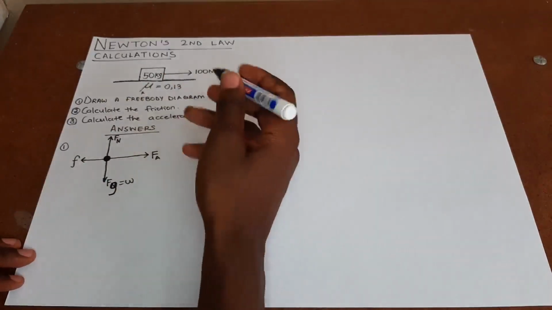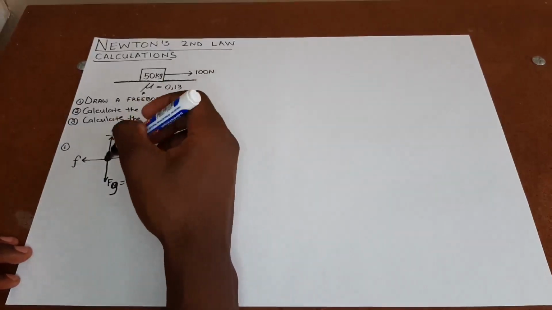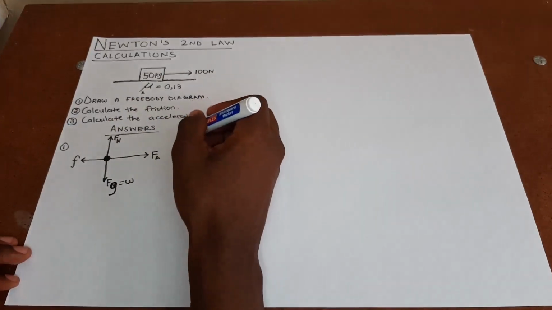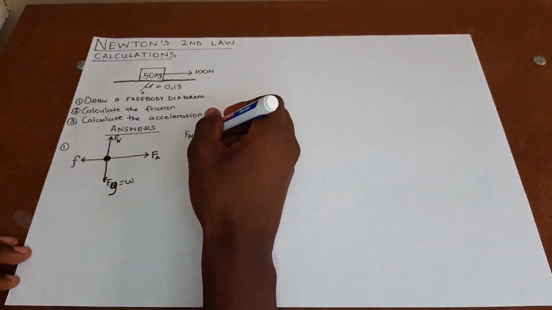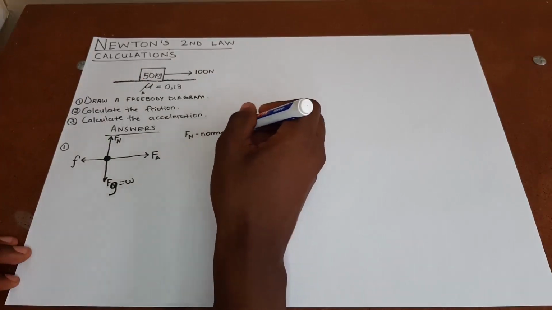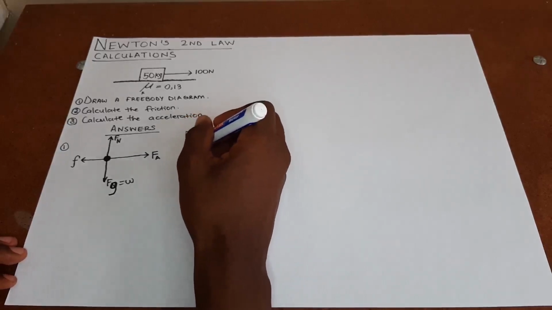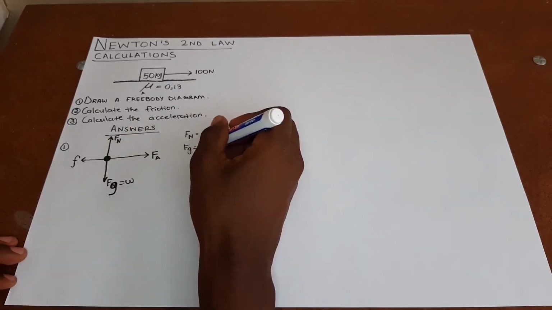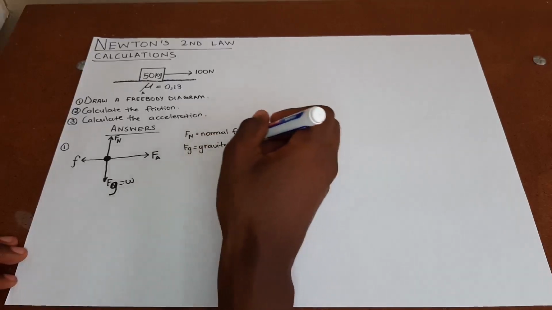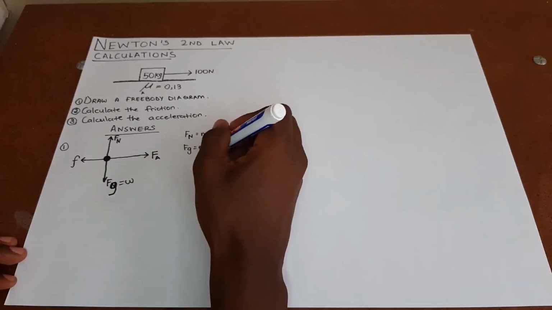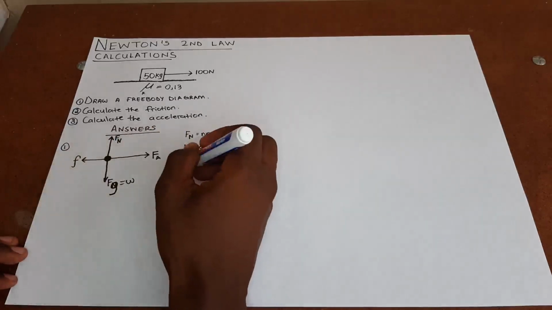Just for you to write the name of each force, I'm going to write it here, on the free body diagram. I'm just extending it so that you can understand. This is the normal force. This is the gravitational force.